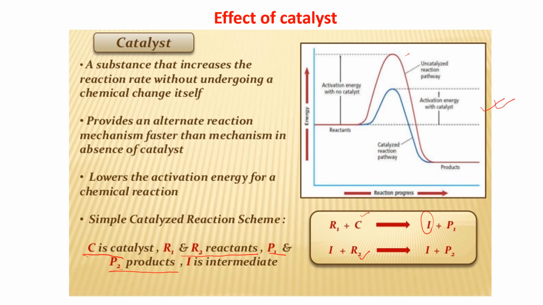The activation energy of this one is lower than the activation energy of the other. That means the reactants have to be activated up to a certain level of energy, and then the reaction will take place and the product will form. Without catalyst it has to go up to this much, and with catalyst it is going up only to this much. So naturally this reaction is faster with the catalyst.